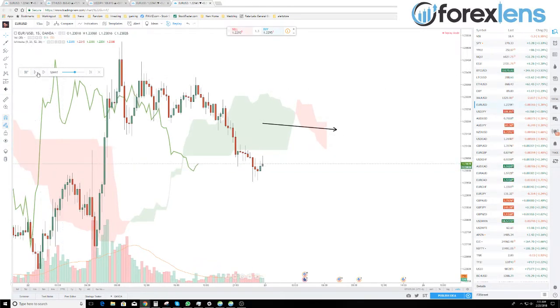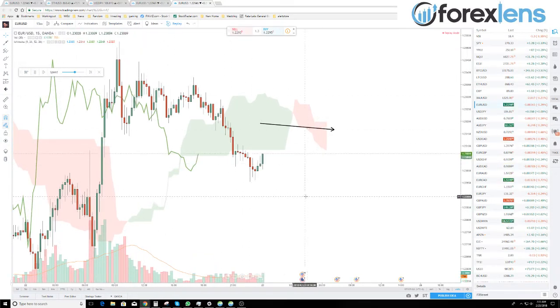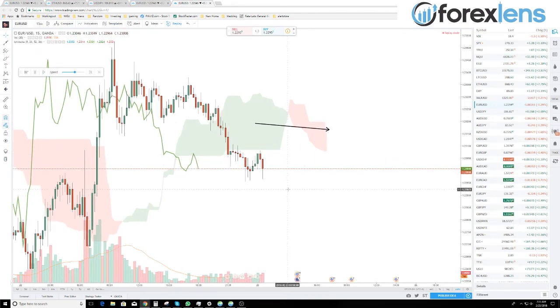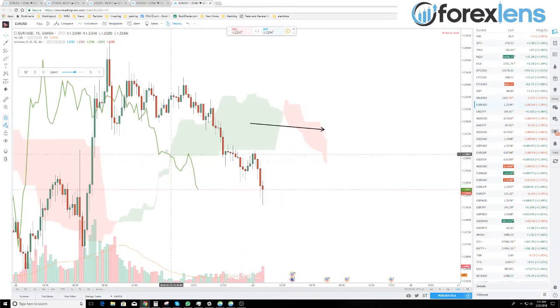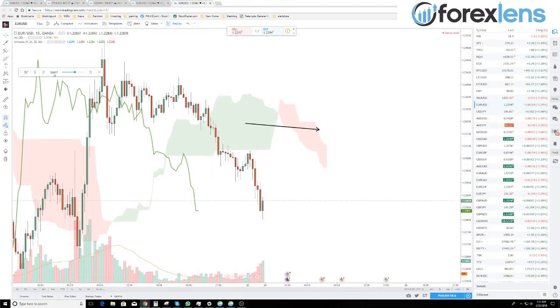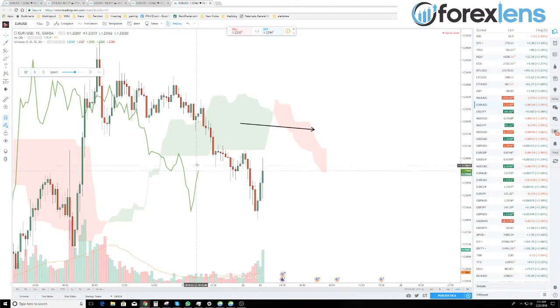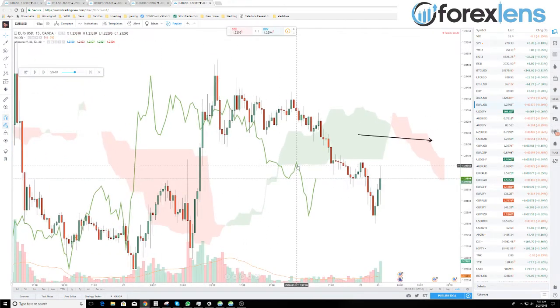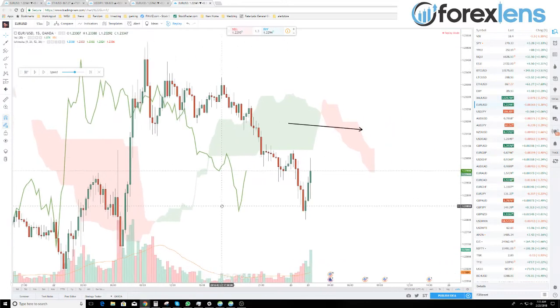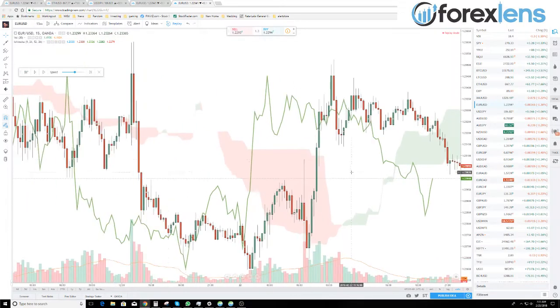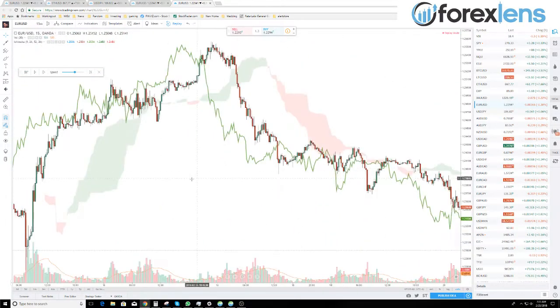Keep going. The lagging span, we only want to go short when the lagging span finally leaves the cloud. All right, we can see this kind of repeated over and over.